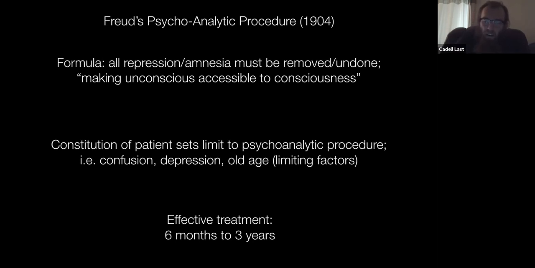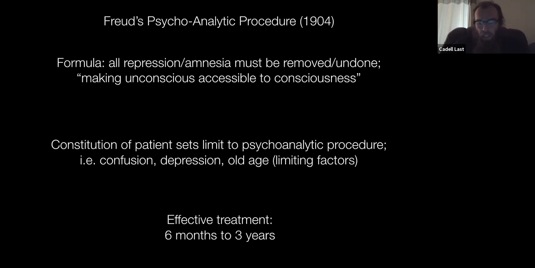So he says that specifically, people who are in a very confused state, people in a very depressed state, even people of old age, and they used 50 and up, that these are limiting factors, because the procedure requires that you have an elastic enough mind, that you are cognitively capable of confronting your own neuroses before the procedure itself can be of highest effectiveness.